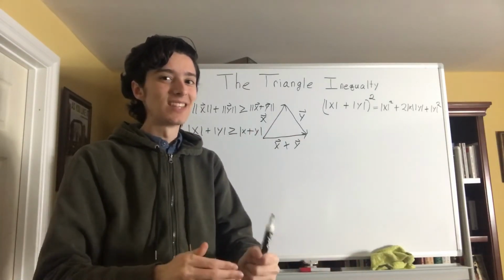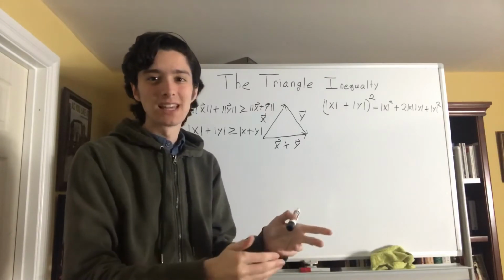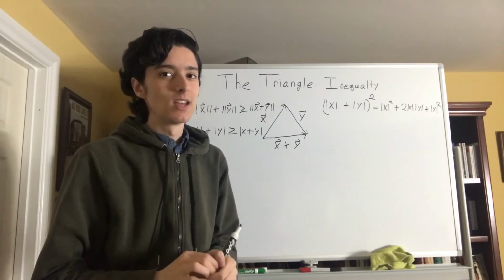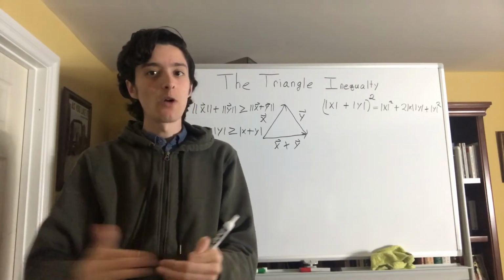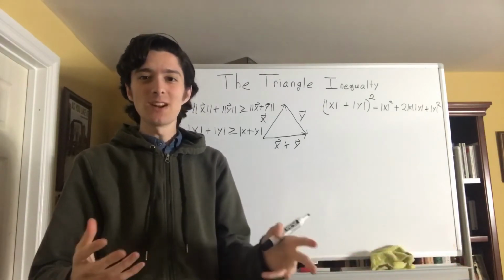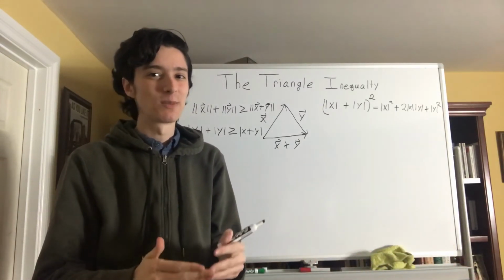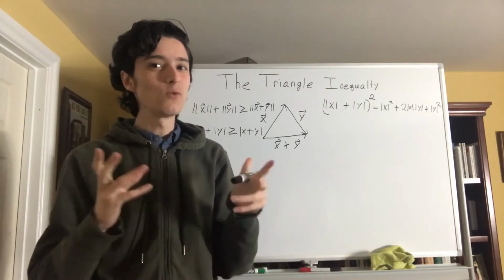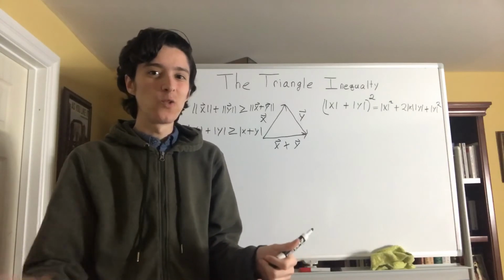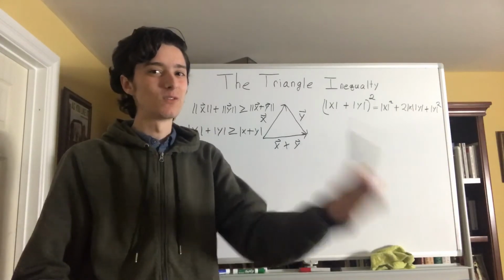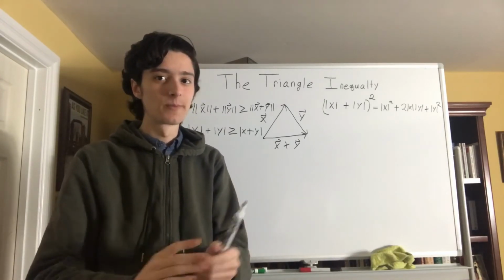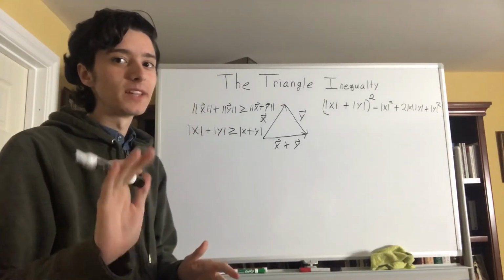But if it's negative, then taking the absolute value of it would be like multiplying it by -1. Now, think about it. If a number is squared, it will always be positive, no matter what. And if the difference that you have is you're sometimes multiplying it by -1, well, -1 squared is 1. So therefore, when you're taking the square of an absolute value, it's the same thing as just taking the square of that number.